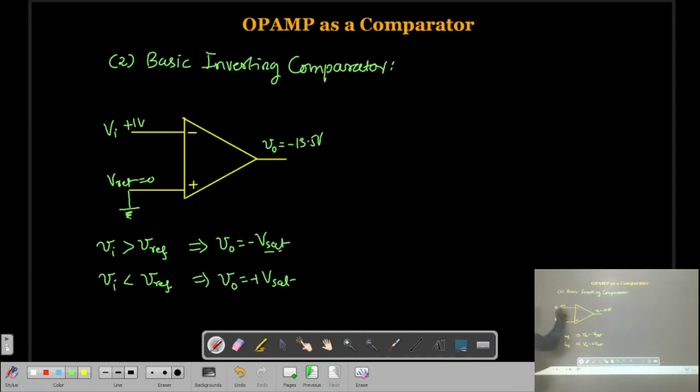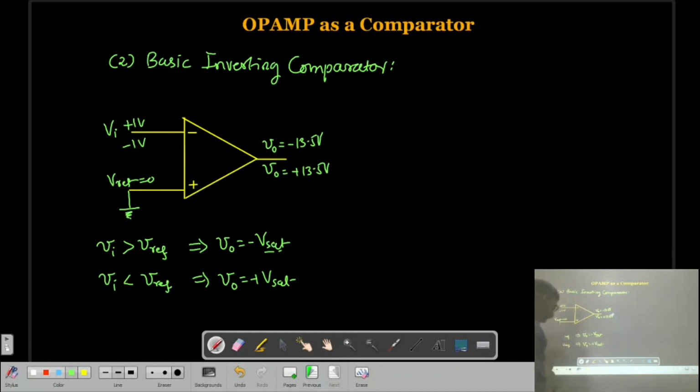Now instead of a plus 1 volt, if I apply a minus 1 volt, then the output voltage will be a plus 13.5 volt. Okay.